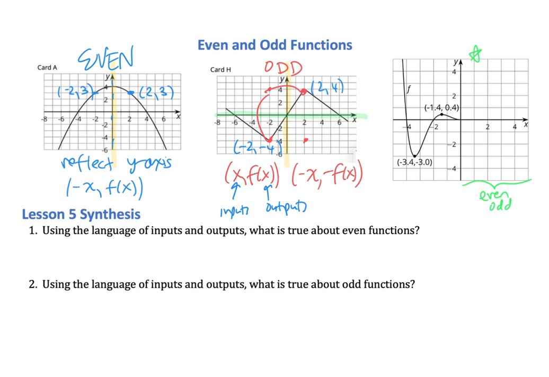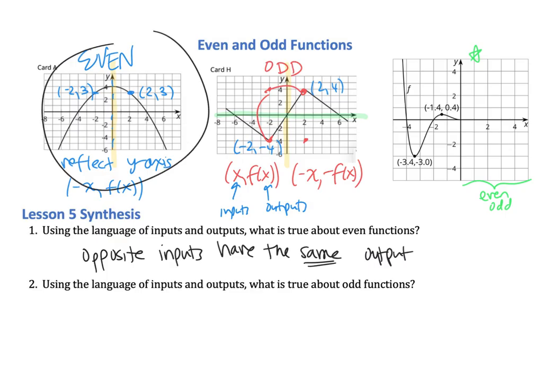This was our synthesis. Use the language of inputs and outputs to tell us what is true about even functions. What we would say about even functions is that opposite inputs have the same output. You can see from our example above, that is what happened.